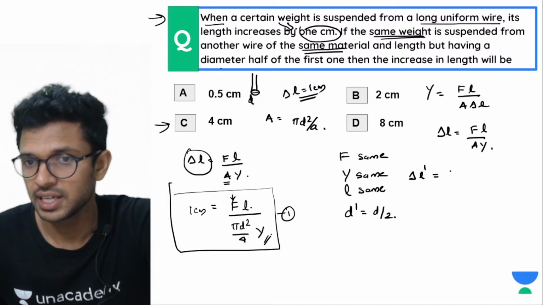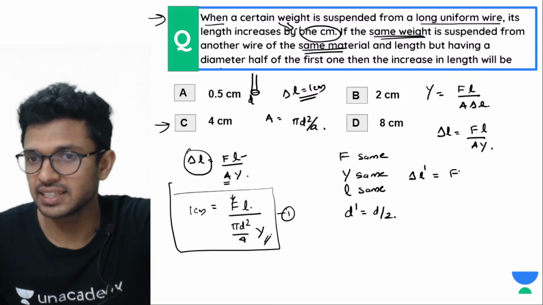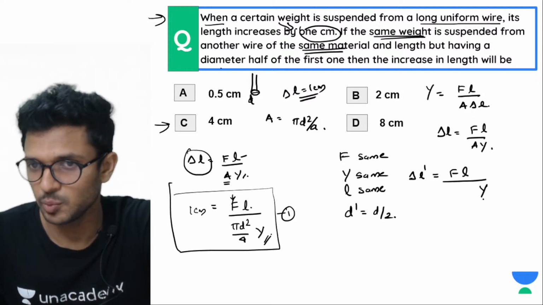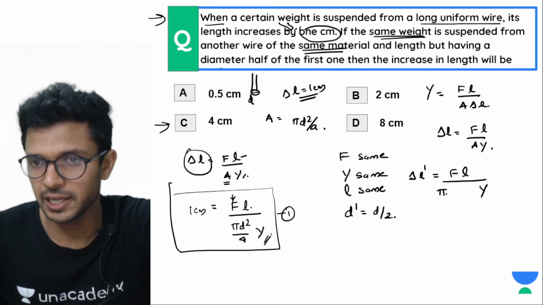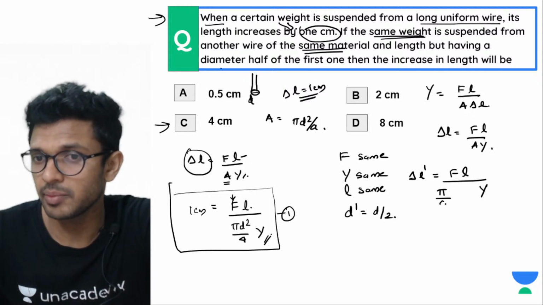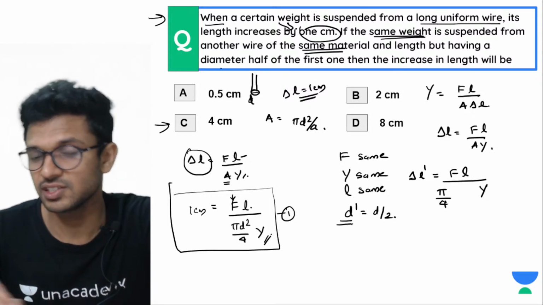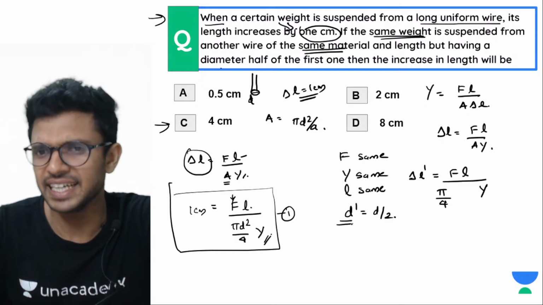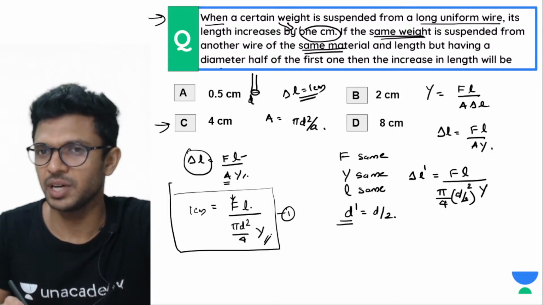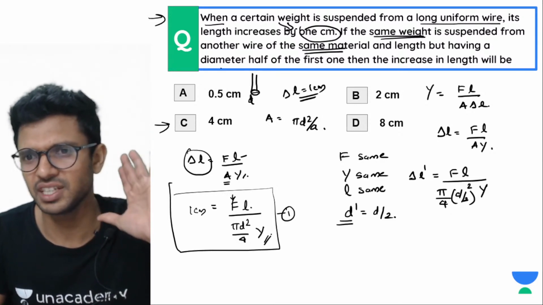Formula is F, same force, length, same length, divided by Young's modulus, same. Area is pi by 4 into d dash square, because this is the new diameter d dash, and d dash is given as d by 2. So I'm writing it in a single step: d by 2 the whole square. Why d by 2? Because the new diameter is half the initial value.